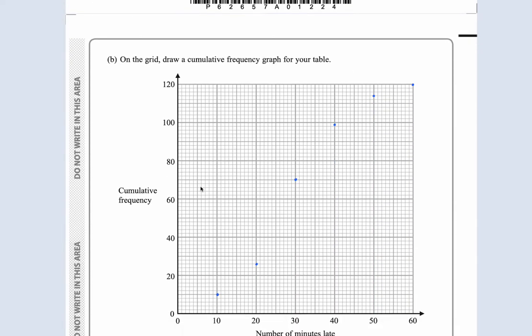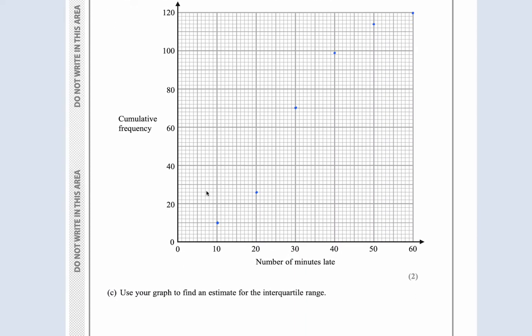So we start from 0, 0, and we essentially join these dots using as nice a curve as possible. Now, guys, I often complain that the pen I use is actually quite difficult to do this with, and I've missed that point there, so I'm actually going to do it again.